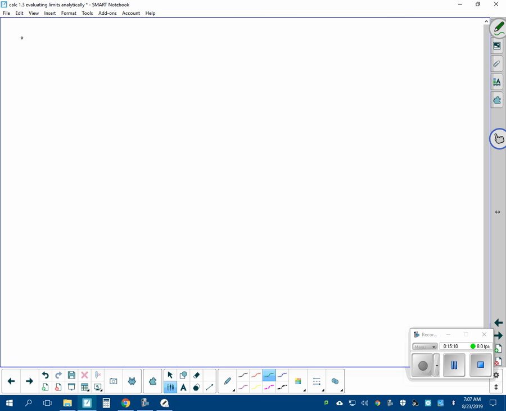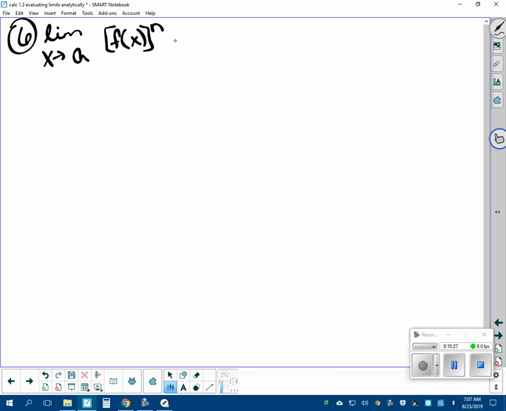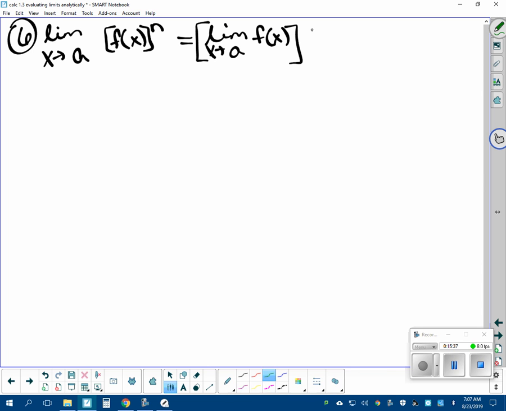Okay, continuing on, a few more. The limit as x approaches a of some function that's raised to an exponent is the exact same thing as taking the entire limit of the function, taking the limit first, and then raising that to the same exponent.